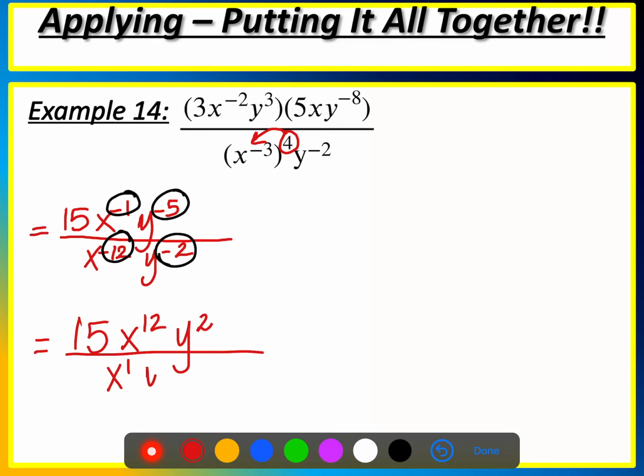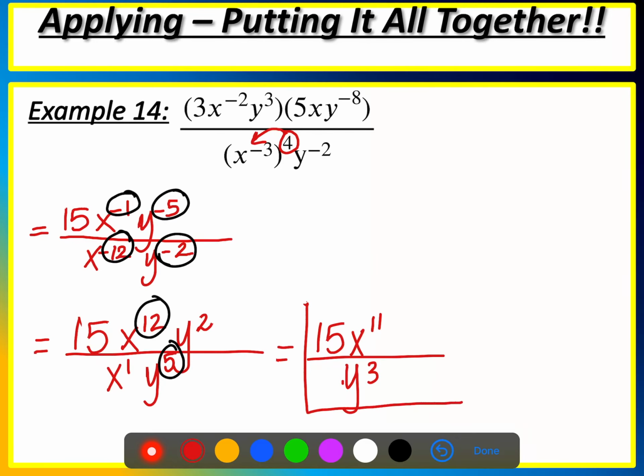X to the 1st and y to the 5th are in the bottom. Okay, and now we're going to subtract. So go to the bigger for each variable. So 12 and 5. Okay, so it's going to be x to the 11th in the top and y to the 3rd in the bottom. Okay, and that is your final answer.